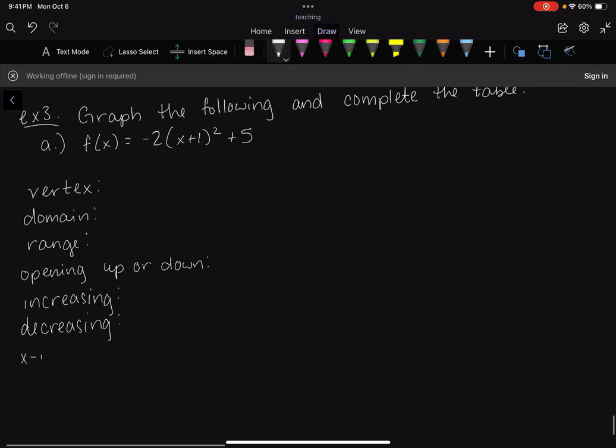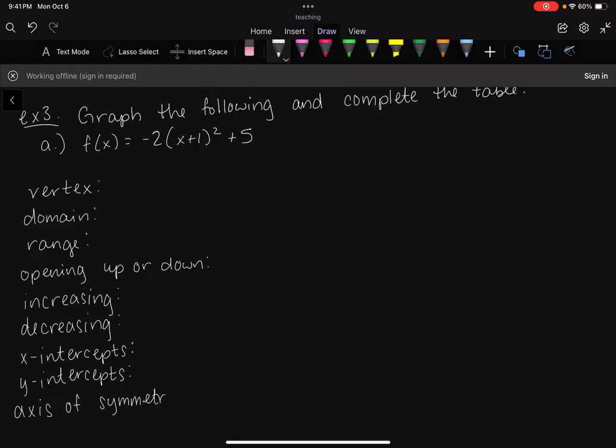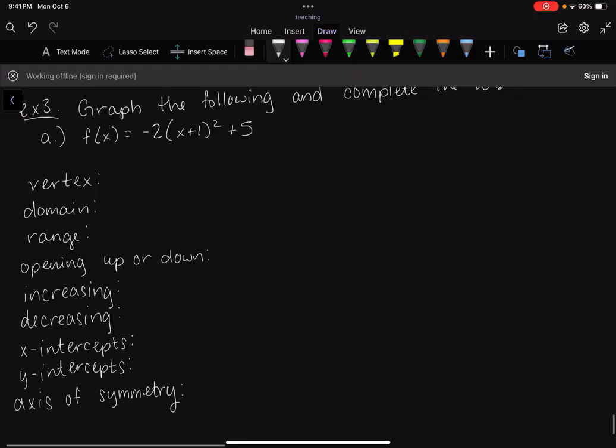I want to know the x-intercepts, the y-intercepts, and the last thing I'm going to ask is the axis of symmetry. So a bunch of information here, and I want to know everything. And then we will also graph it as well.